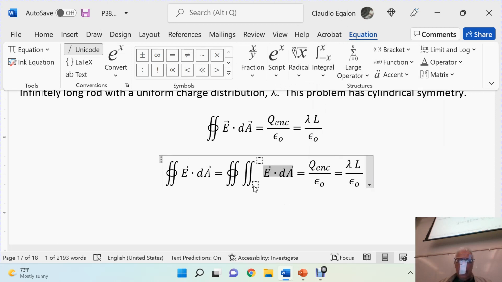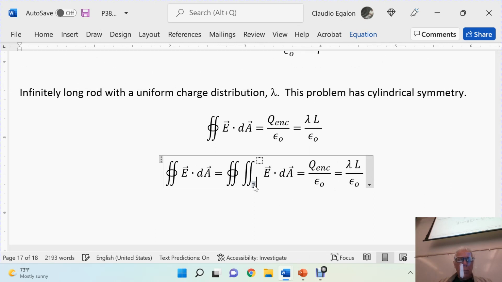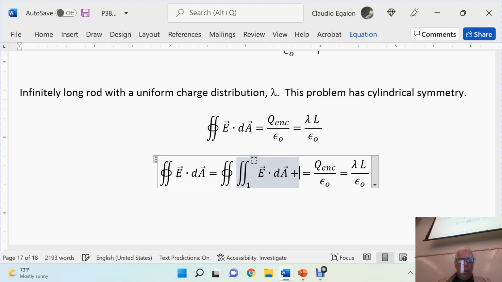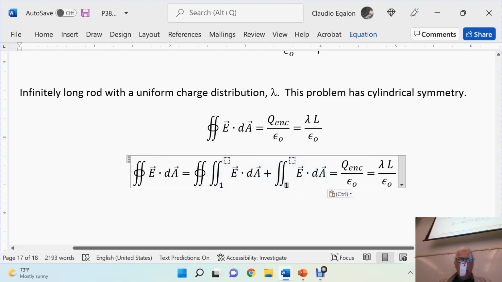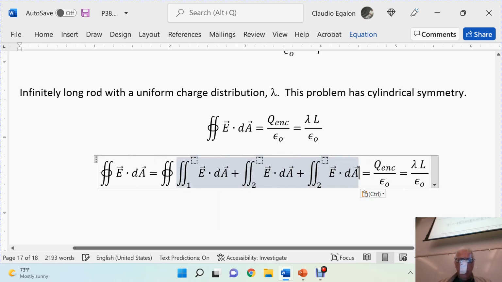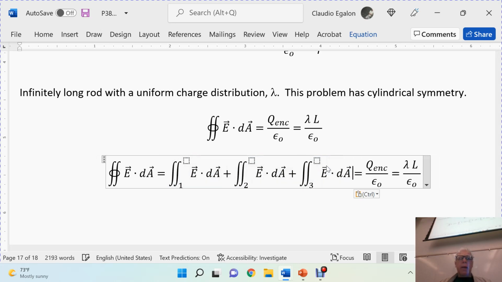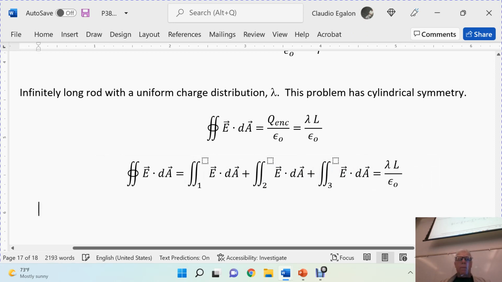Here is going to be surface 1, here surface 2, and here surface 3. I don't need this Q enclosed anymore.